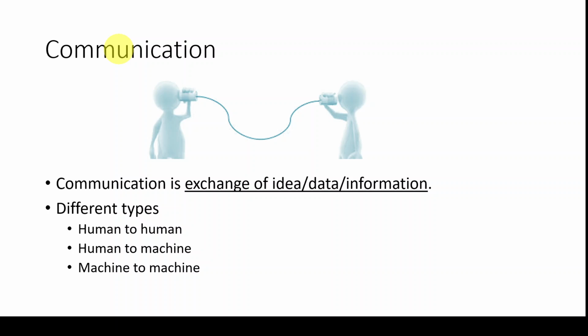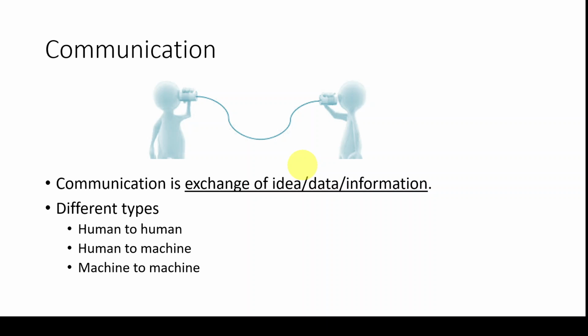Communication is the exchange of ideas or data or information between two or more parties. If you exchange something conceptual like data, we call that communication. It's not a physical thing. If it is a physical thing that we send from one place to another, then we say it's transportation, not communication.